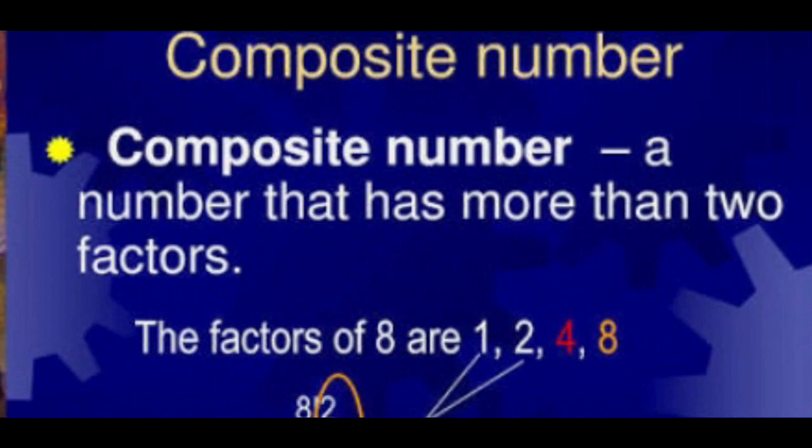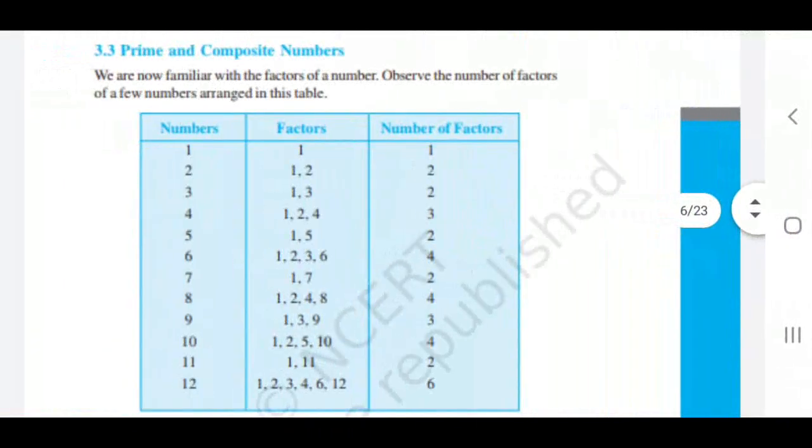Okay, so a composite number is a number that has more than two factors. Just now we have discussed that composite numbers have more than two factors. So just see this table of factors. In the last class you studied how to find the factors. What are the factors of 1? 1 has one and only one factor.